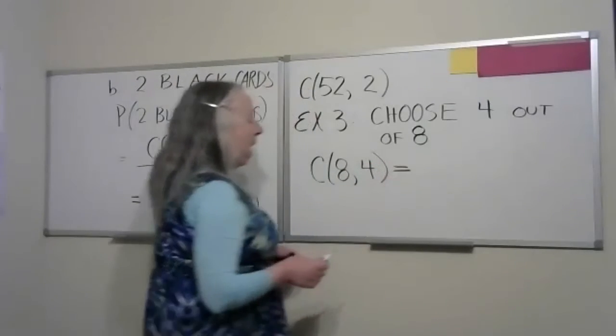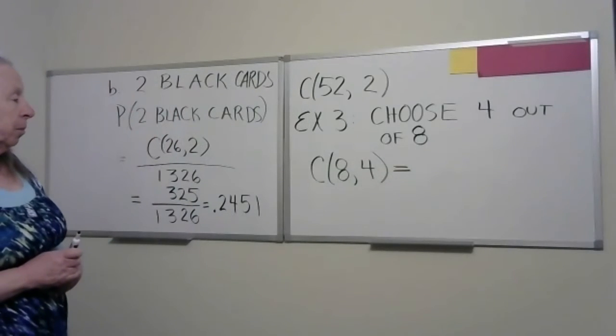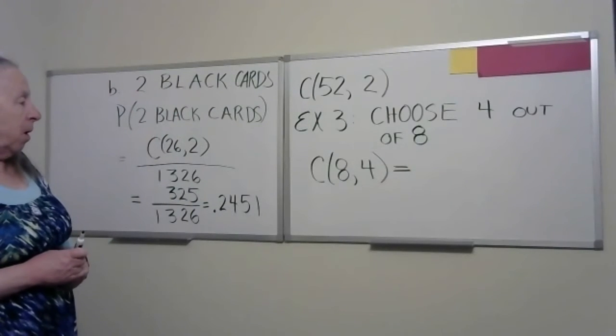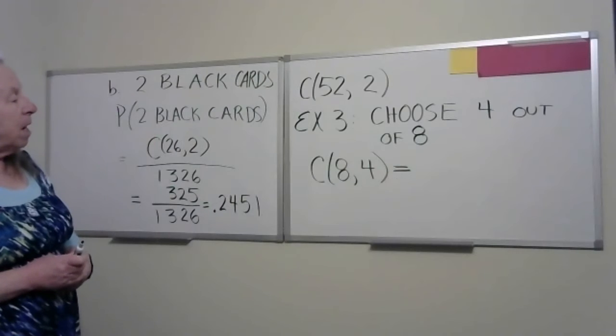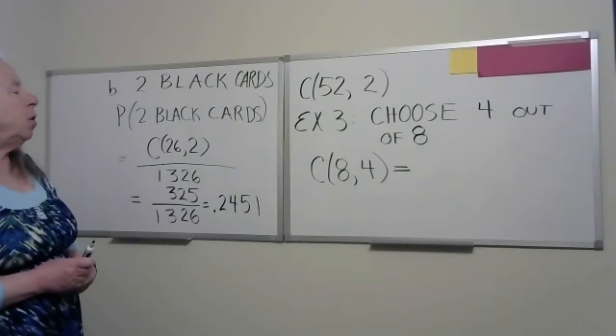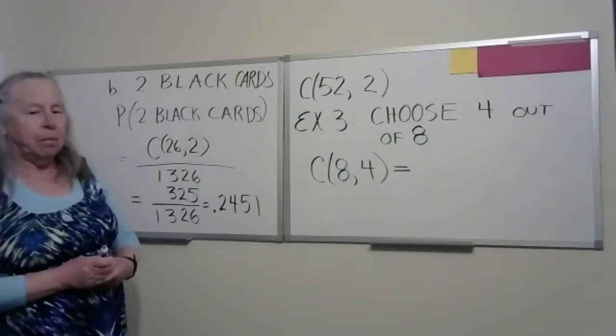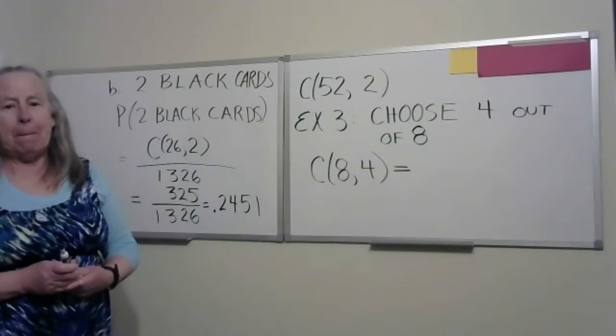So let's go ahead and do that calculation. Christina, what did you come up with for 8 choose 4? 70. Okay.